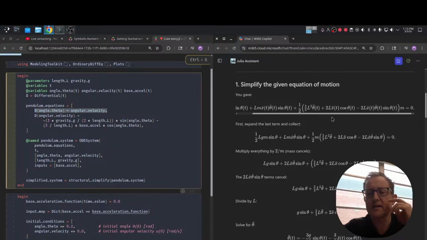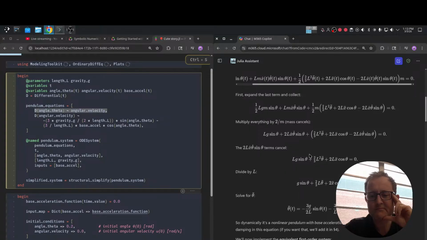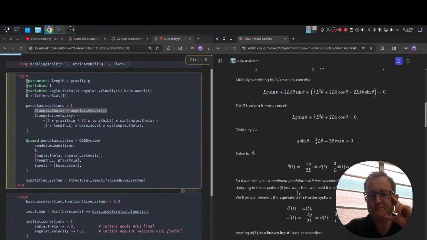So it's trying to turn it into a 1 degree of freedom system. I don't love that. But it still has an X double dot.